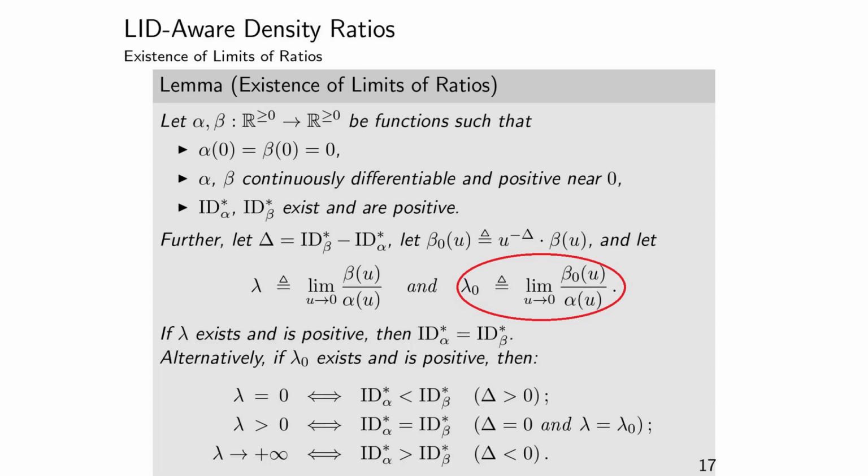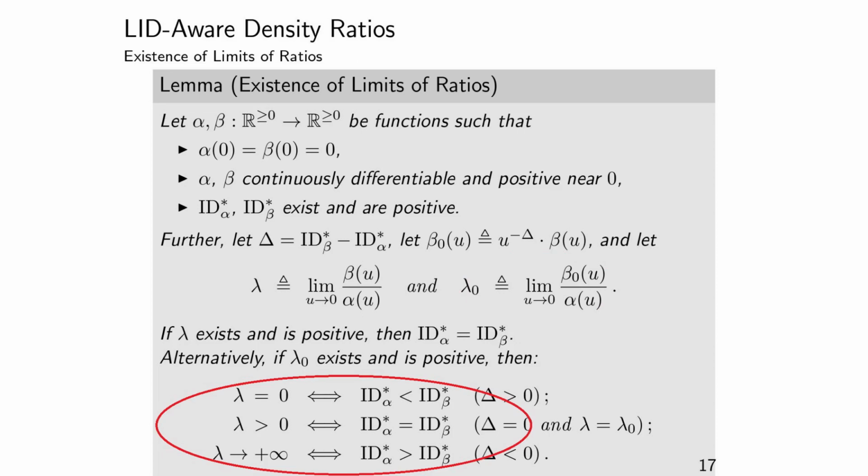If by pulling out factors of u equal to the difference in their intrinsic dimensionalities the limit is positive, then we can say something about the original limit between beta and alpha itself. If it's equal, of course, that happens if and only if the original limit is positive. But if it's 0, we know that the ID of alpha has to be less than the ID of beta, and if the original limit was infinite, then the ID of alpha has to be greater than that of beta.